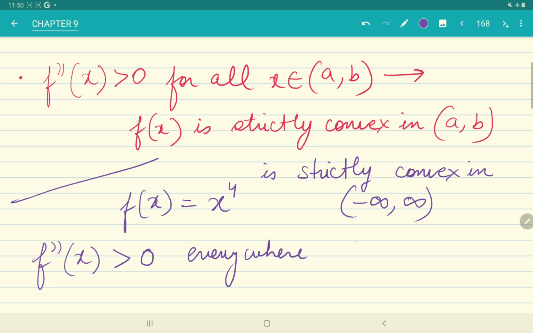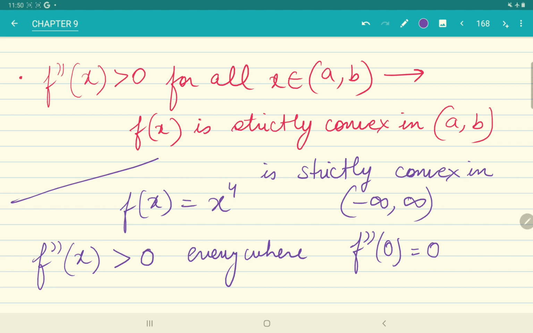Why do I say this? Because if I calculate f prime x, it is going to be 4x cubed. If I calculate f double prime x, it is going to be 12x squared, which is 0 at x equal to 0, and this 0 is obviously in this interval. So f double prime 0 is equal to 0.